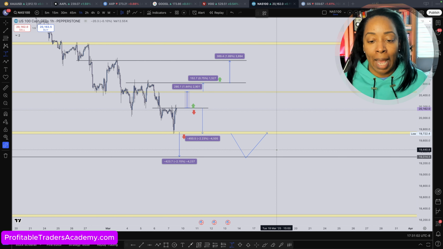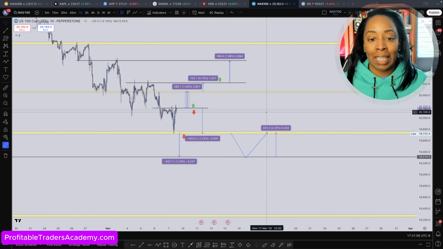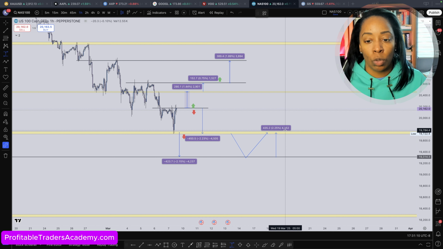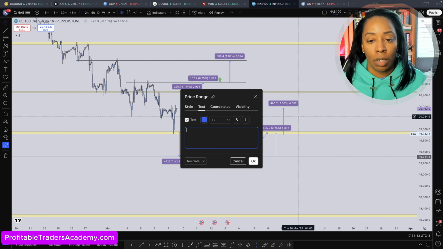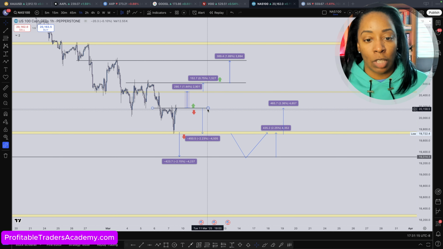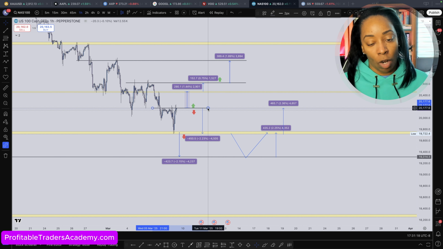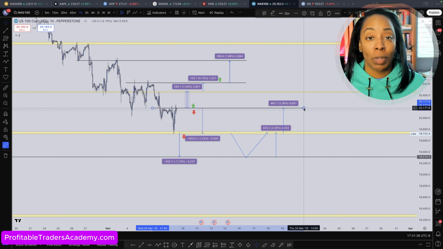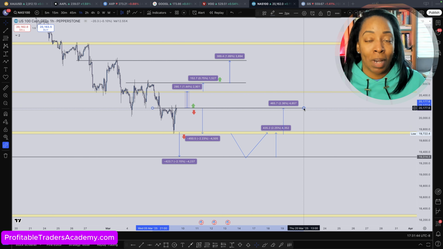I would look for the opposite trade around this level, going back up, and then continuing the buys potentially all the way up to here. And then possibly just stopping there because price has been selling off. So it has the potential to reverse, but I would just be cautious and look at price potentially continuing the trend downward. That is a huge possibility given everything that is happening right now.